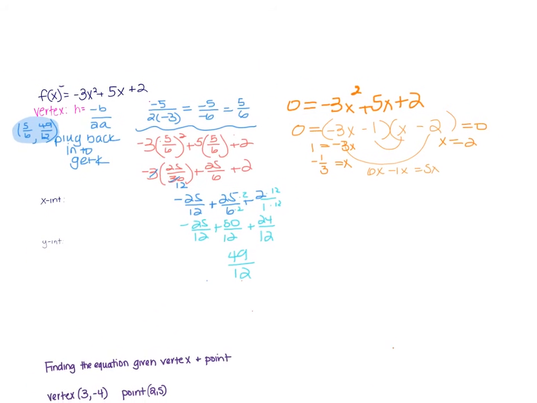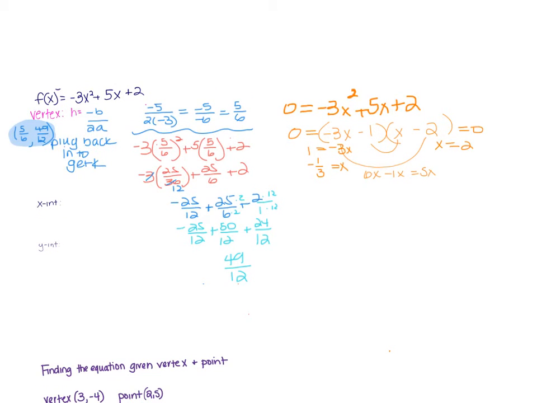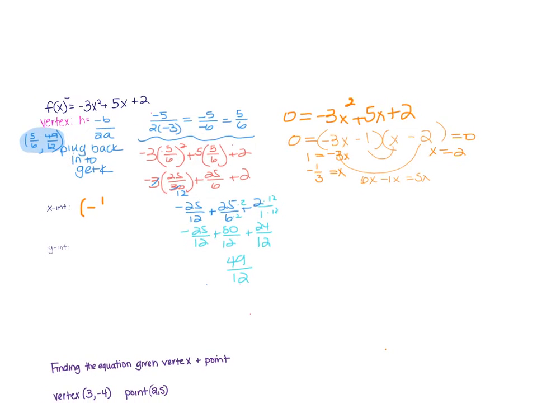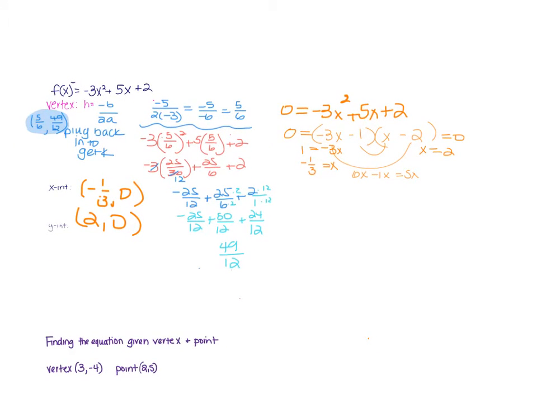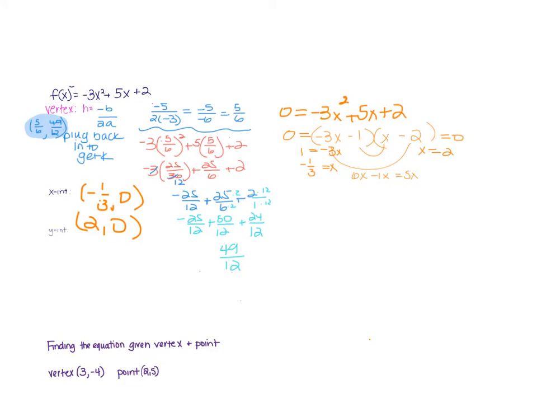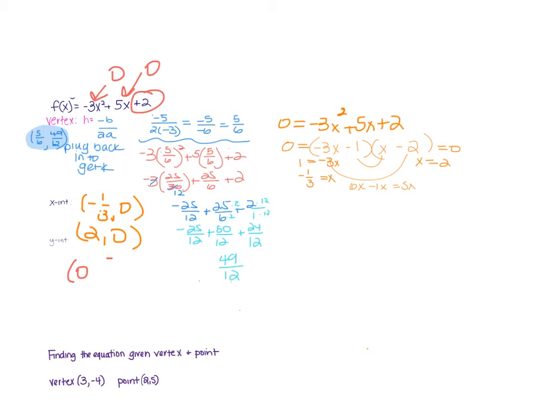Those are my x-intercepts. And then the y-intercept is super easy to do when it's in standard form. If this is 0 and this is 0, then the y-intercept is just the number that's by itself. So it'd be 0, 2.